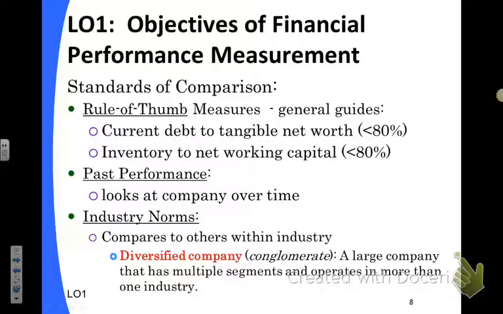This gets a little bit more complicated when we're looking at diversified companies that we might call a conglomerate, where they maybe operate in different industry segments, and you can't really easily compare them to one other like competitor because they have really several different types of competitors.